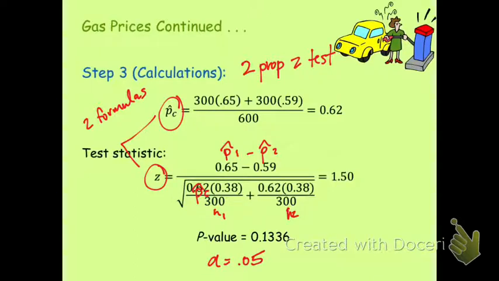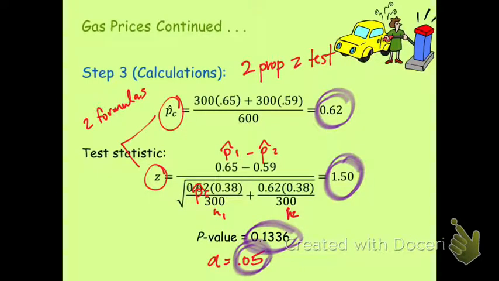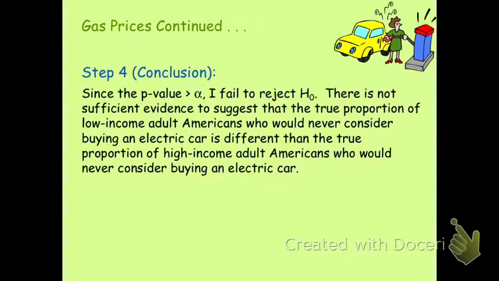So things you want: P hat C, test statistic, P value, alpha. So these are the 4 numbers, and then you want those 2 points. There's 3 formulas. When you finish writing your own, check your answer.